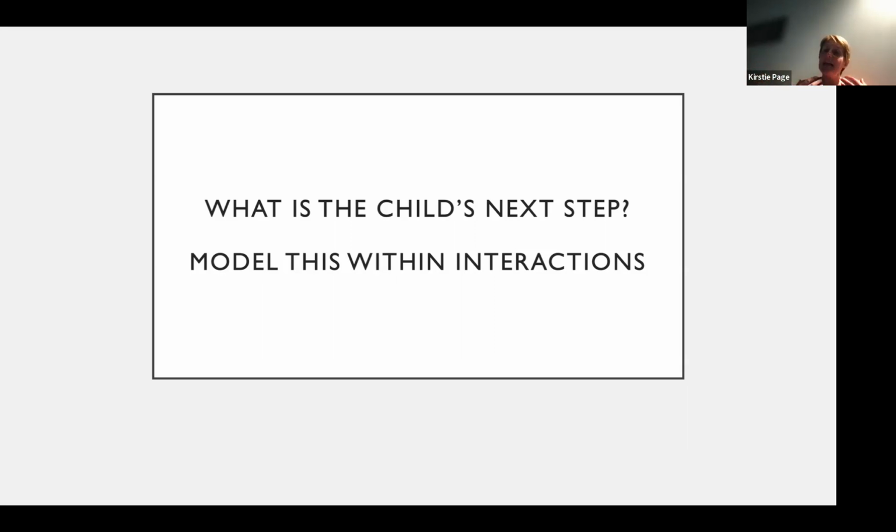So when I am talking with them, I am not going to take away all of the grammatical structure in my talk, but I'm going to bring my talk back down so that my sentences might have some grammatical structure in them. Of course they will. But I'm going to model sentences that have got 2 or 3 main words in them, so that I'm modeling the child's next steps, if that kind of makes sense.